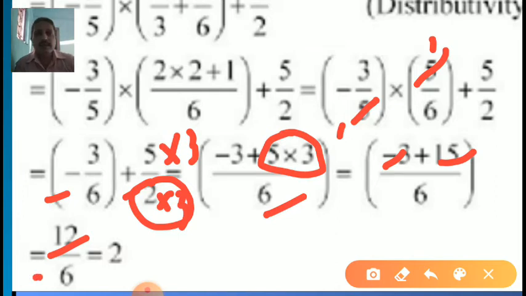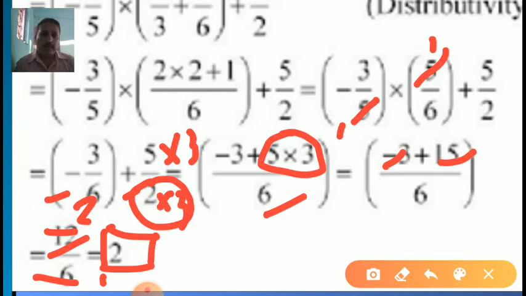Yes, 6 ones are 6 and 6 twos are 12. So the answer is 2 upon 1. So no need to write 1 as a denominator. So the final answer is 2. Always write in a box. Once again I remind you, all questions with black pen, answers with blue pen, and final answer with a box. Understood?